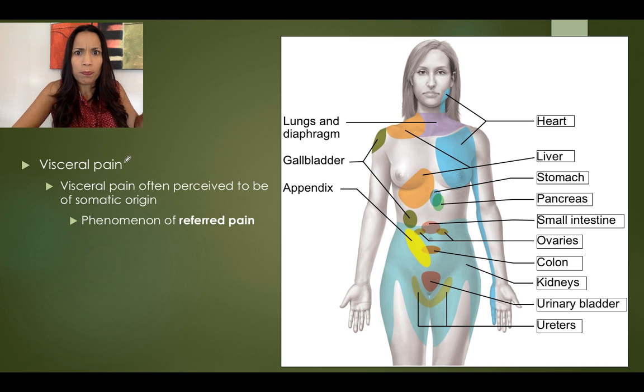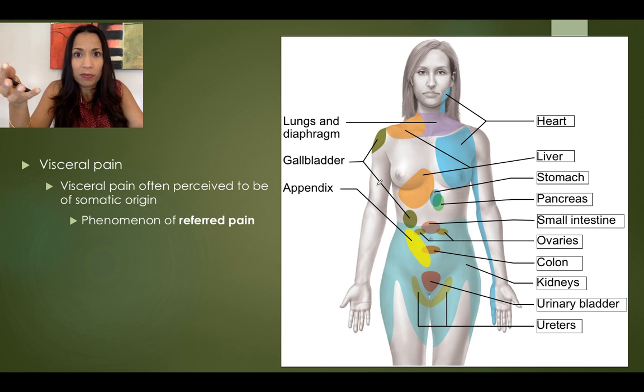This visceral pain is not because we're cutting the visceral organ, but because we are chemically irritating or inflaming that tissue. That's what stimulates the visceral pain. Now, sometimes that visceral pain is perceived or felt by us like it's somatic in origin.